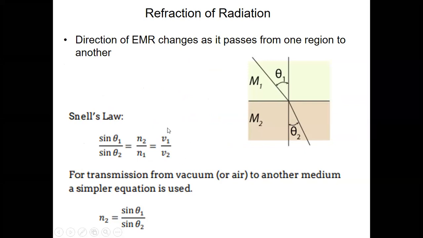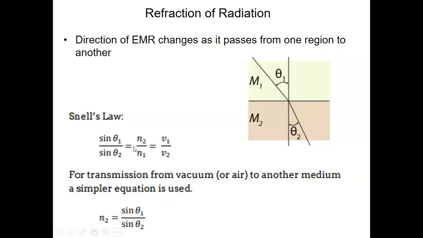You will use this equation when you do calculations and when you learn other techniques. For transmission from vacuum or air to another medium, this equation can be simplified. The refractive index of vacuum is 1, and for air it's 1.0003 or so. So we can assume that for both vacuum and air, the refractive index equals 1.